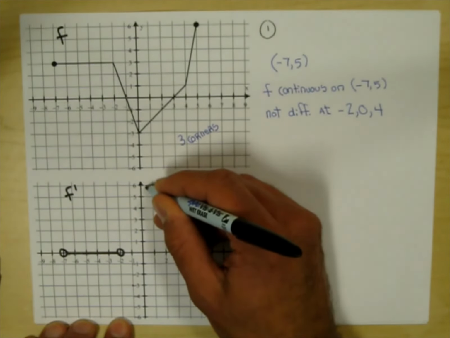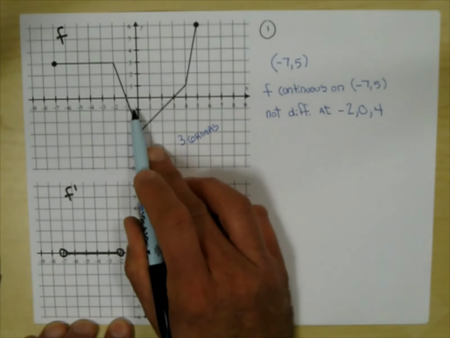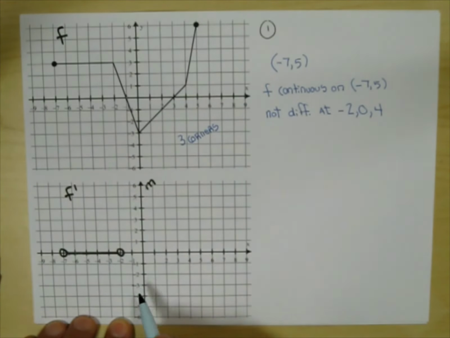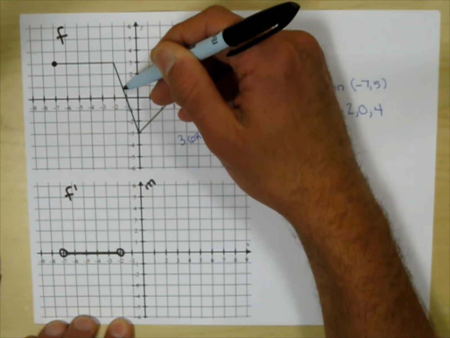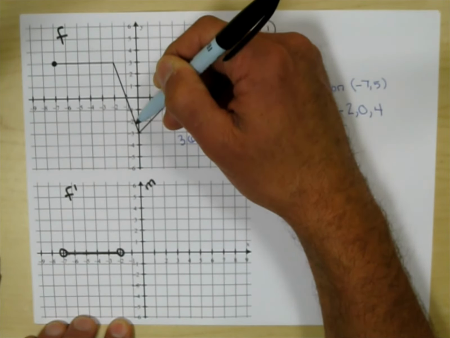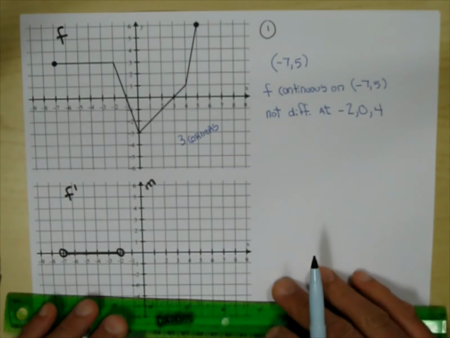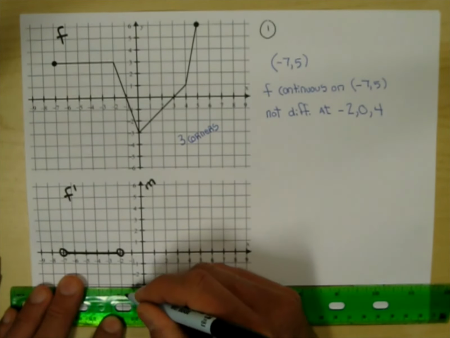You could say that this point x equals 1 has a slope of -3. If you like, you can replace that y with an m because this is describing the slope. And x equals -1/2 has a slope of -3. And because it is a line segment, all the x values on that line segment are going to have the same slope, which is -3. So we're going to have another horizontal line.